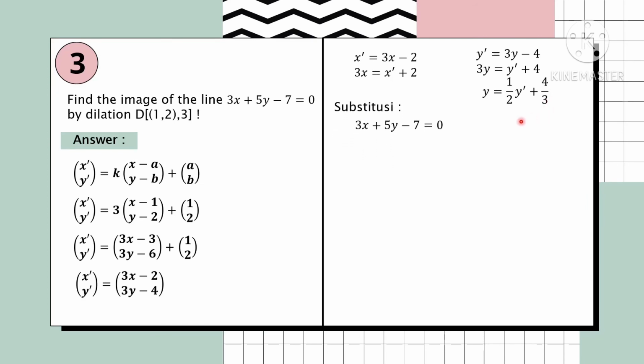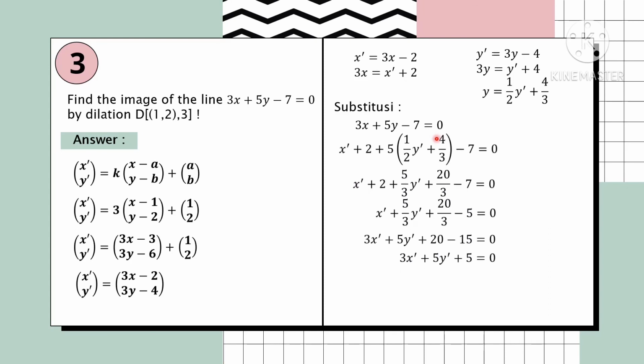Now we substitute x and y into the line equation 3x plus 5y minus 7 is equal to 0.